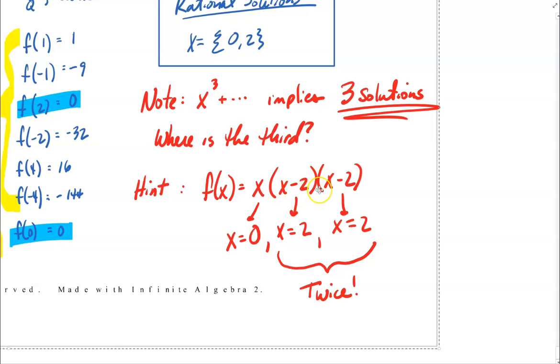And since this x minus 2 factor occurred twice, we would say that the solution at 2 has a multiplicity of 2. The solution at 2 occurred twice. Therefore, it has a multiplicity of 2 because it occurred twice. So the 3 solutions are 0, 2, and 2. That seems a little bit unusual to say that this answer accounts for 2 solutions, but that's exactly what we would say in this case.